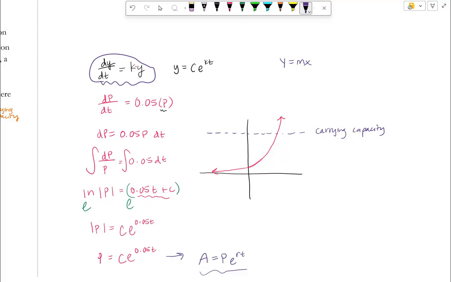What our model is going to look like is it's going to grow fast, but then it's going to slow down as it approaches that capacity. So our logistic growth model is going to have asymptotic behavior on both the left and the right, unlike an exponential growth model that is unbounded.